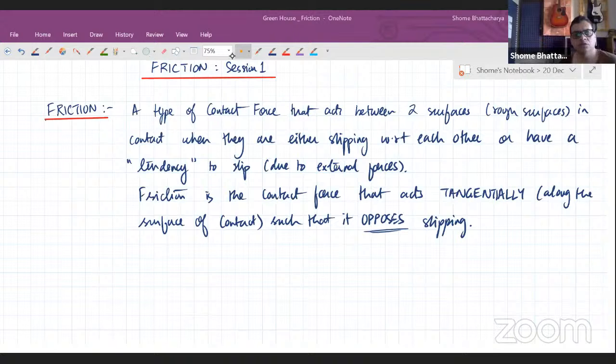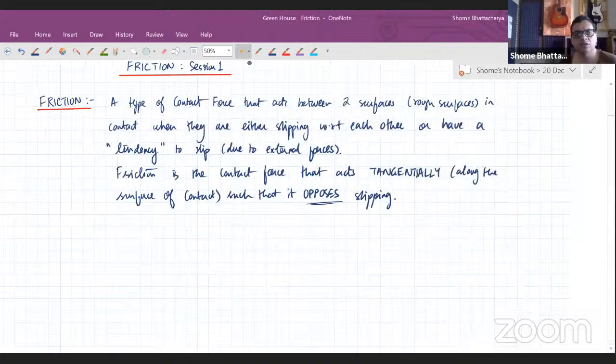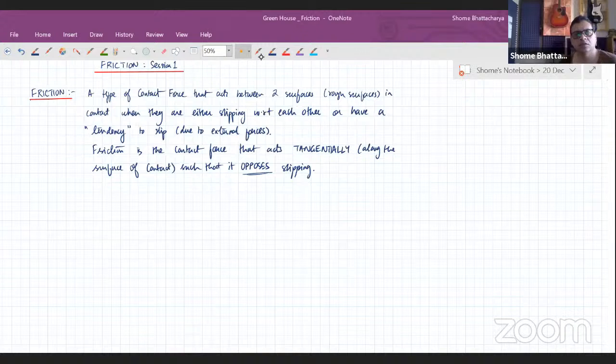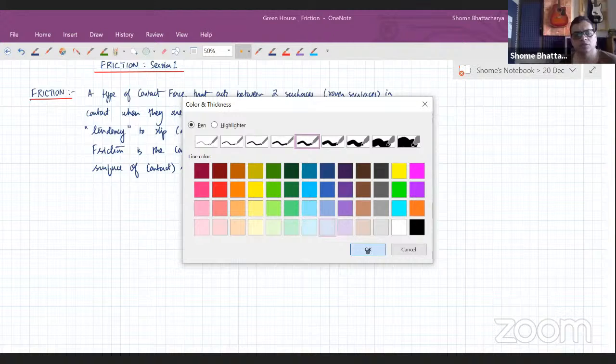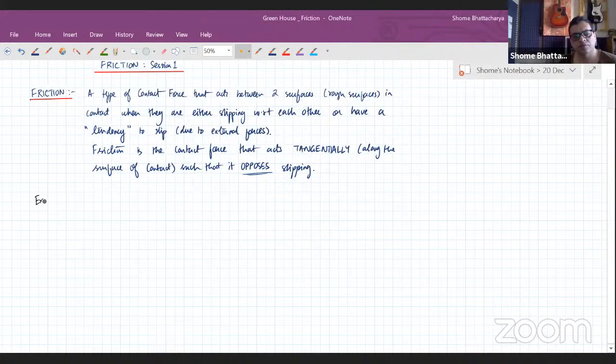Okay. So let's take a situation to understand this. Suppose that we have kept an object on a rough surface.